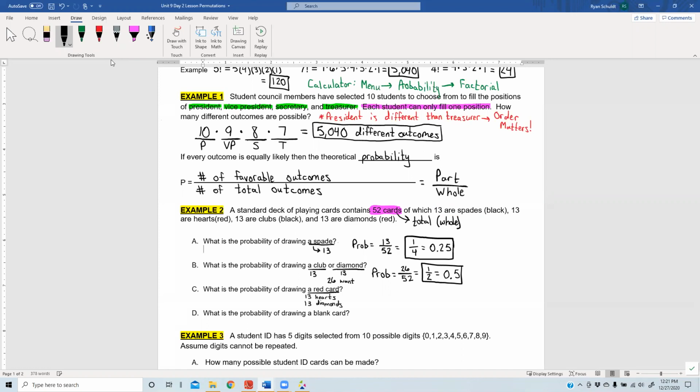So together, how many cards do we want? 13 plus 13 is 26. So this example looks like the one we did just above. 26 divided by 52 reduces to 1/2, which is 0.5 as a decimal.